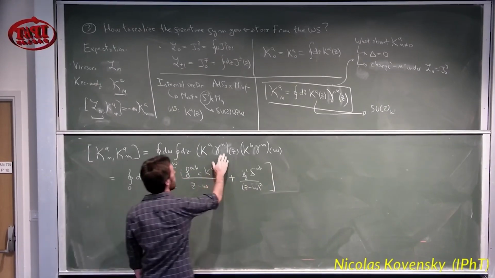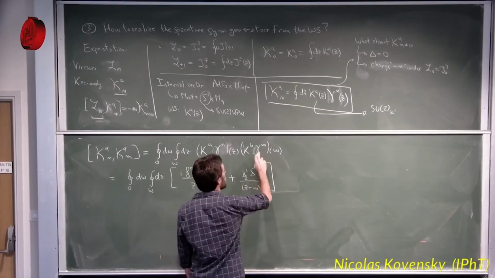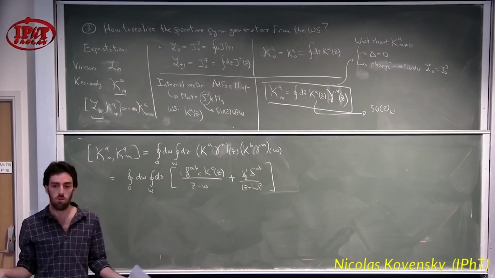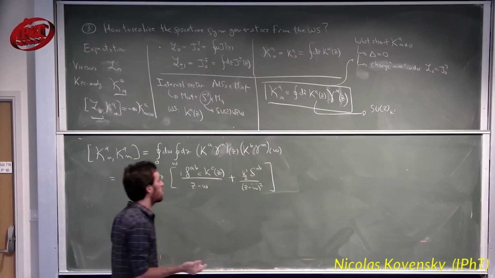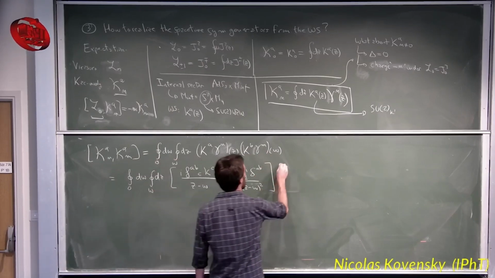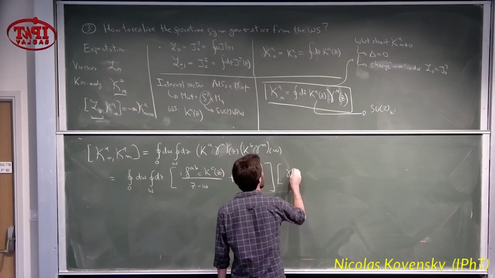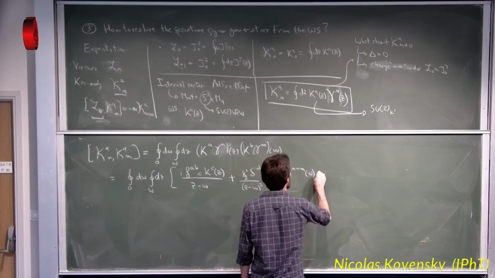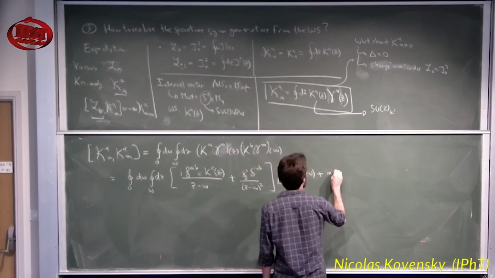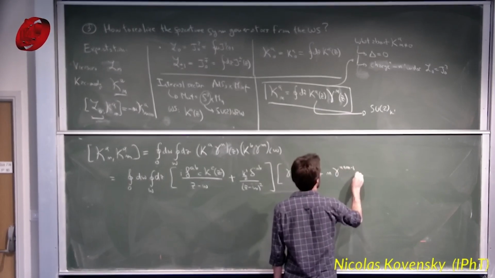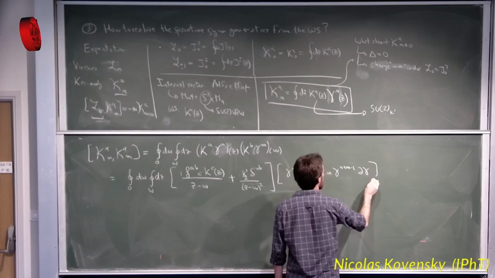And then I have gamma n and gamma m, but gamma with gamma has no non-trivial OPE, right? There are no singular terms. The only thing I have to do is Taylor expand, right? So I get a term which looks like gamma n plus m w, and another term which looks like n gamma n plus m minus 1 d gamma.